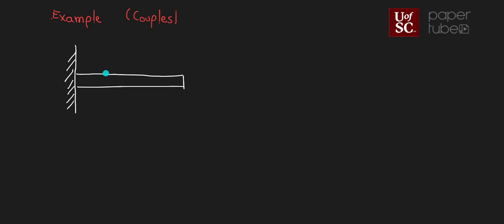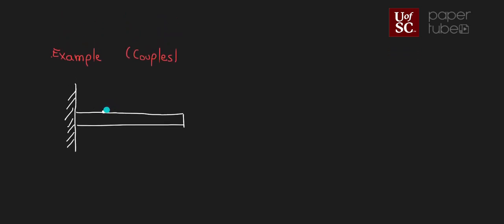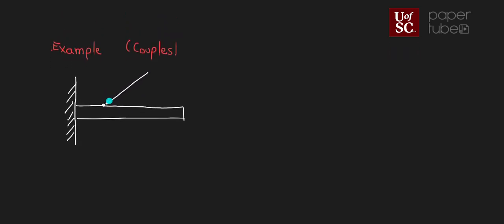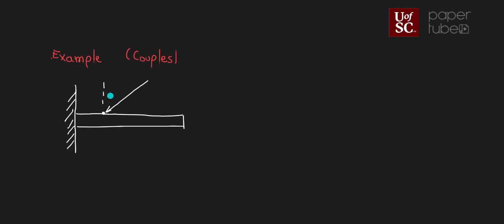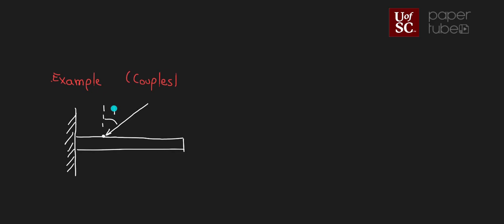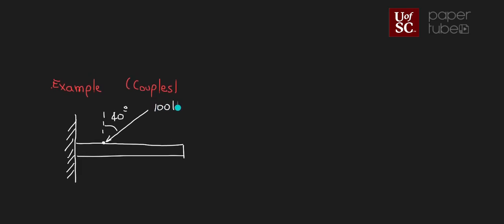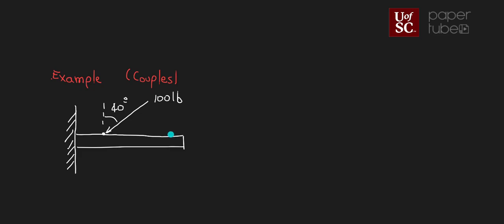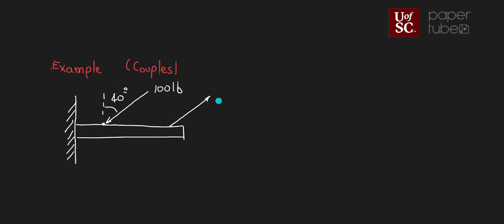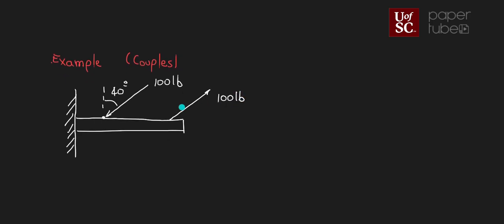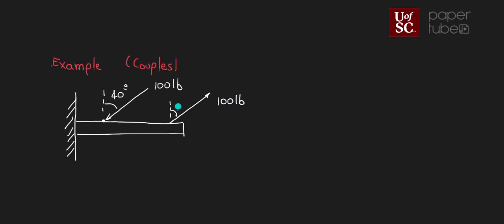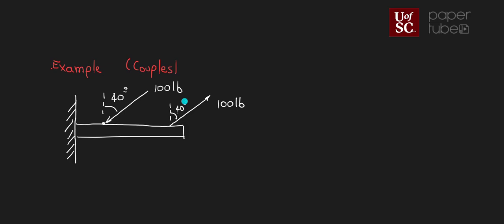We're gonna have a force applied here, and the angle of that force with the vertical is, let's say, 40 degrees. And let's say that the magnitude of that force is 100 pounds. We have a second force somewhere in here, which is also 100 pounds, and it is also 40 degrees from the vertical.